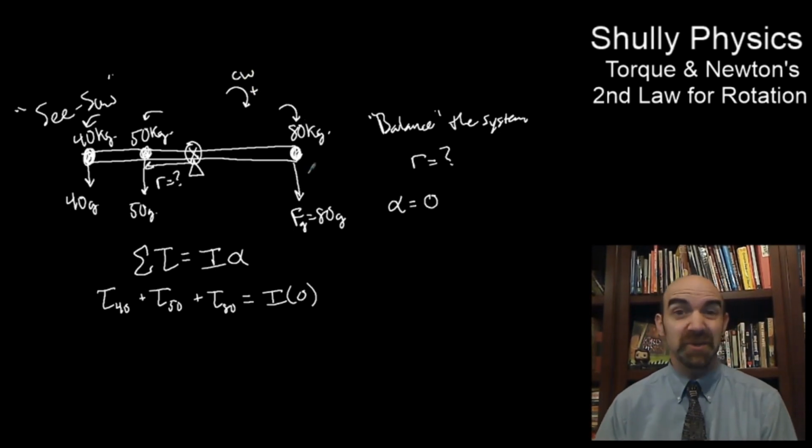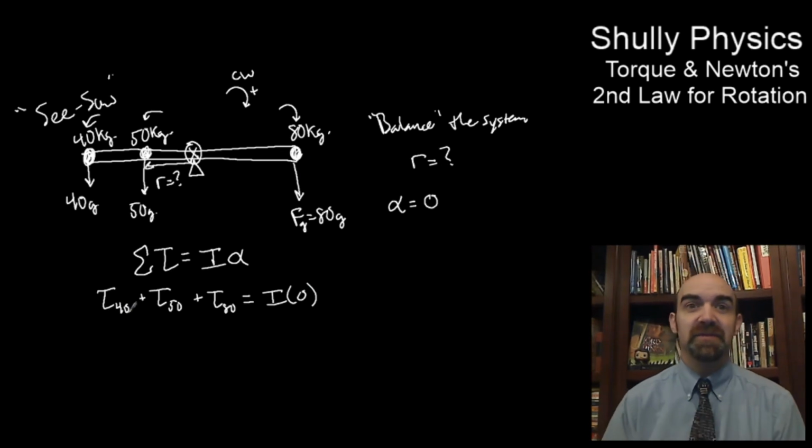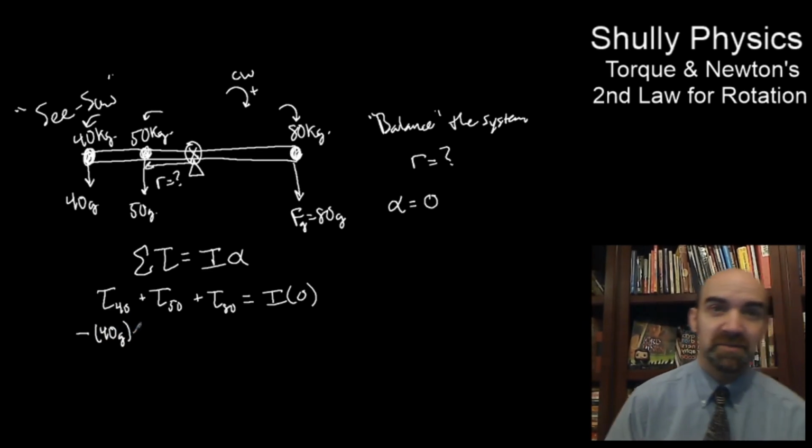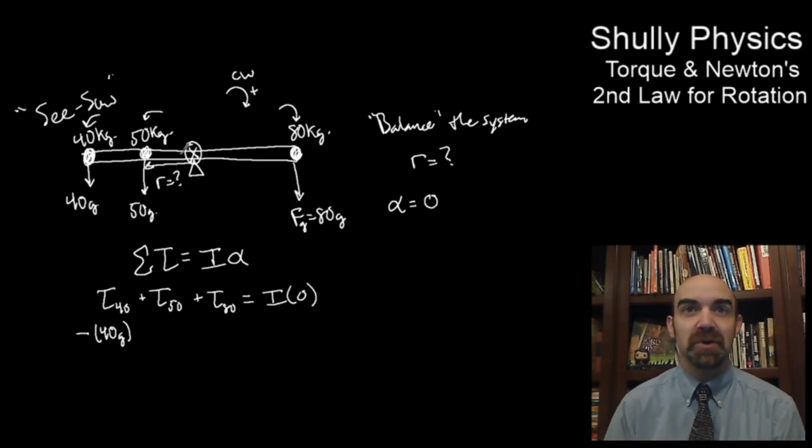All right, so let's see what happens here. If the 40 kilogram child's torque is out here going counterclockwise, that means there's going to be a negative 40 g. So there's going to be a 9.8 in there. So 40 times 9.8 times the torque arm. Now, we'll call this a 4 meter long seesaw.